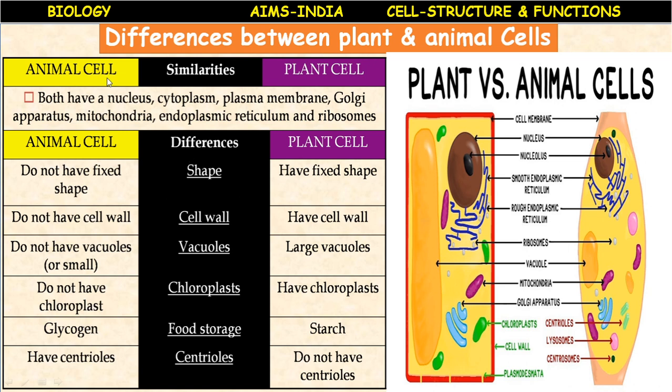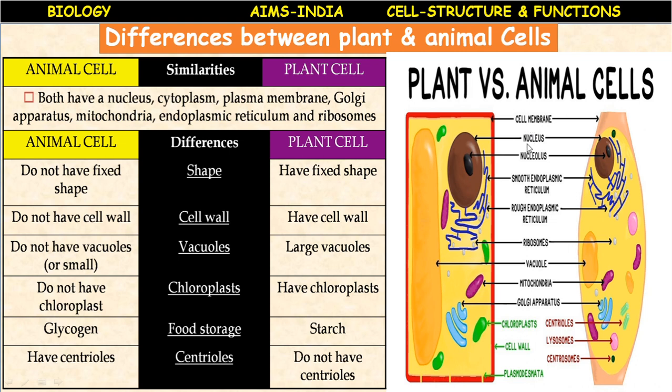Animal and plant cells show some similarities. Both have a nucleus, cytoplasm, plasma membrane, Golgi apparatus, mitochondria, endoplasmic reticulum, and ribosomes. So these are common.